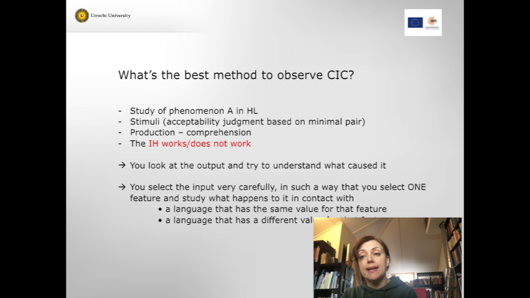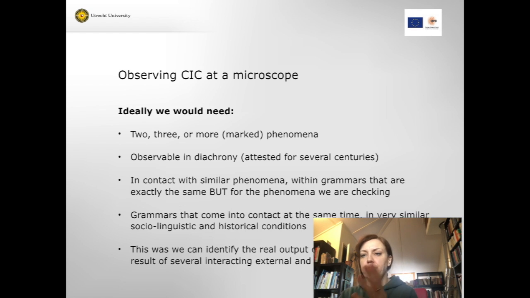Ideally, you should go and look at one feature at a time in contact. So you basically look at 2 or 3 or more phenomena, leave the marked aside, there's no time to discuss that. You check what happens to them in diachrony, to see the diachronic development, let's say endogenous development, not in contact as much as possible, because we know no language is an island.